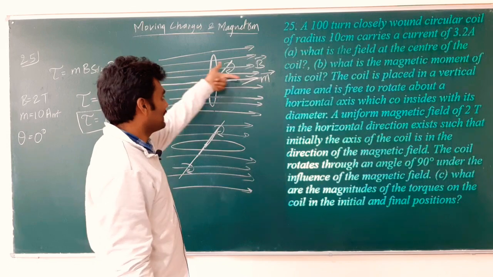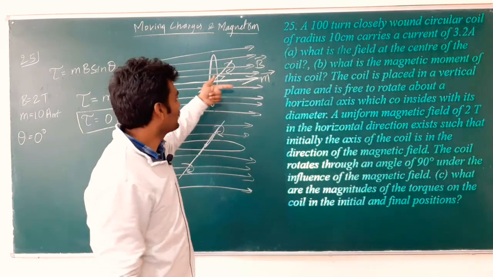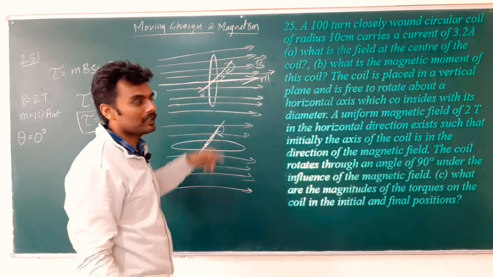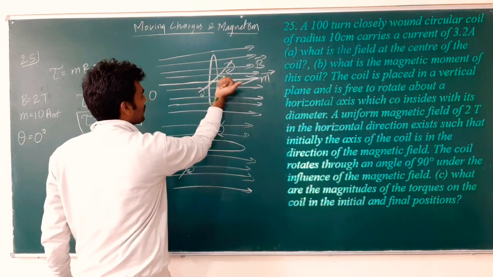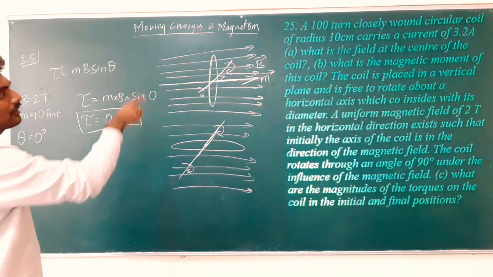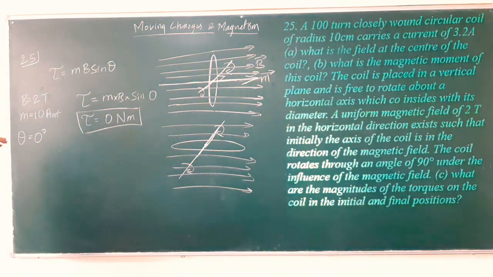When I say axis, I can also get the direction of the magnetic dipole moment using the right hand thumb rule, and even then the magnetic dipole moment and the magnetic field will have the same direction, and hence 0 Newton meter of torque is experienced initially.